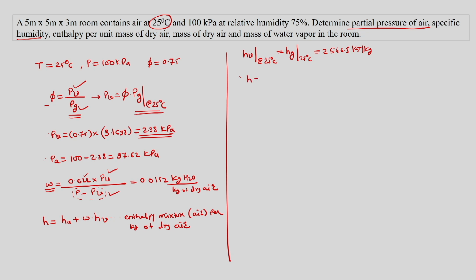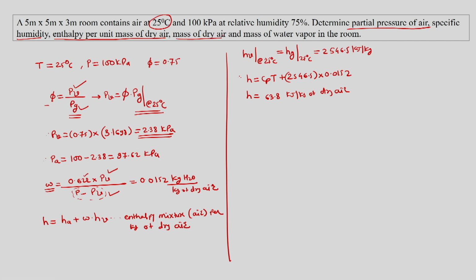So, we have H is equal to Cp into T plus 2546.5 into omega, which we just found out, 0.0152, and this gives us H as 63.8 kilojoule per kg of dry air. So, we found out enthalpy per unit mass of dry air.